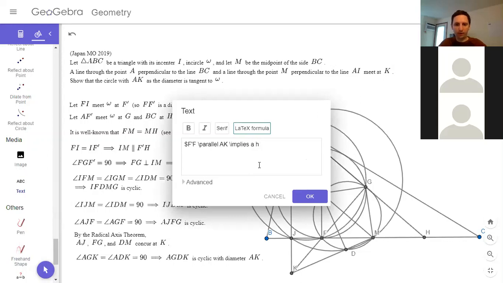A homothety at G takes the circle F prime FG to AGK, and that means that the two circles are tangent.